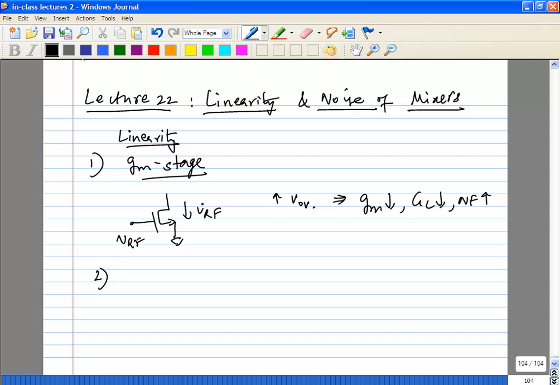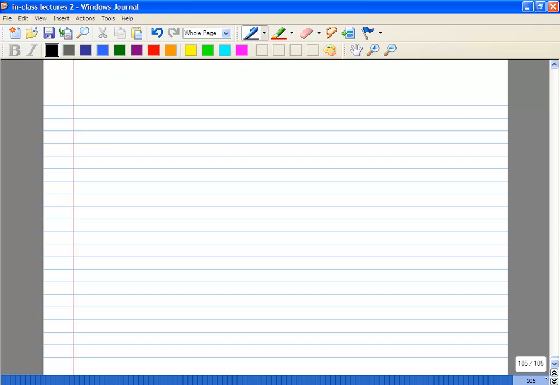Okay, how about the switch? So let's look at, actually I'll go to the next page. So to look at the switch nonlinearity, you have to look at the capacitances in the circuit.